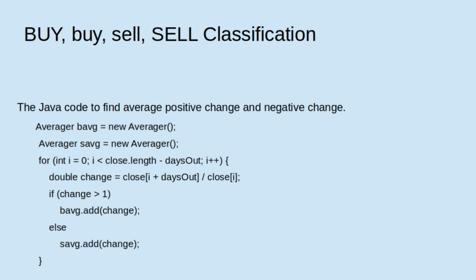But before building the class attribute, we're going to find out the average buy situation and the average sell situation. We go through all of the closes, looking out 5 days. We take our division, which we mentioned before, and if it's greater than 1, we add that change to the average buy situation, and otherwise we add it to the average sell situation.